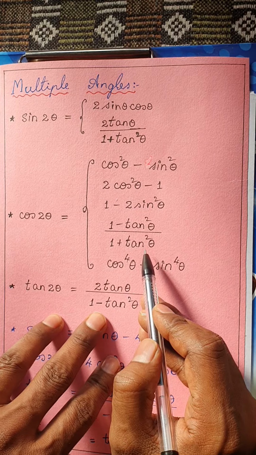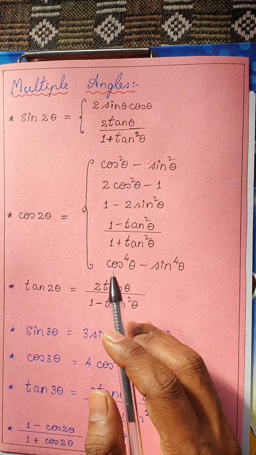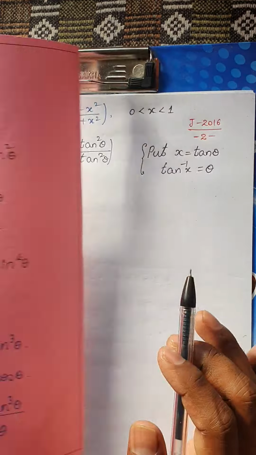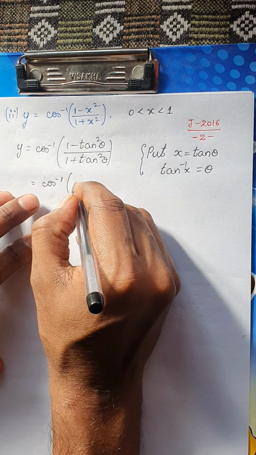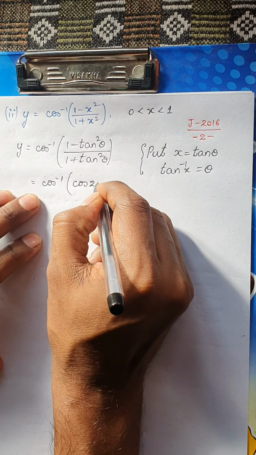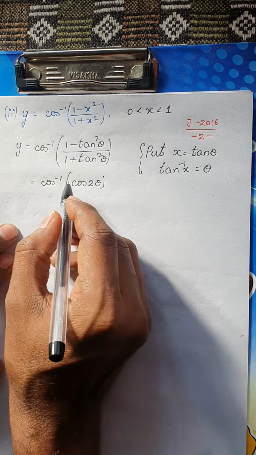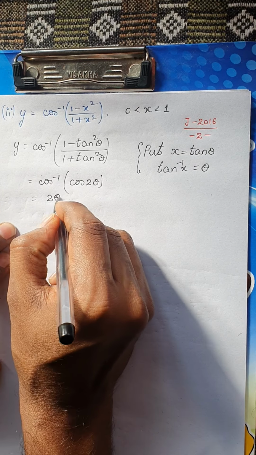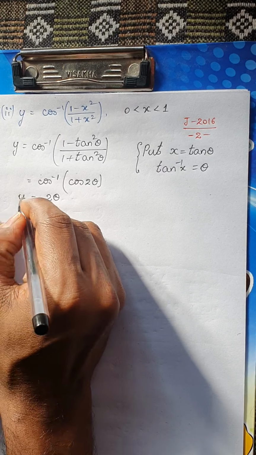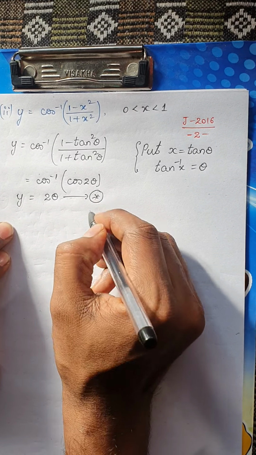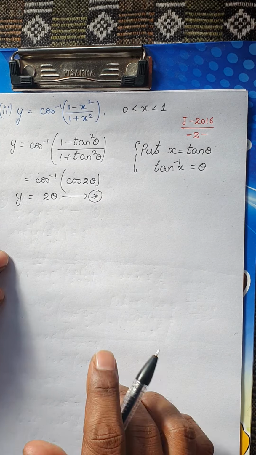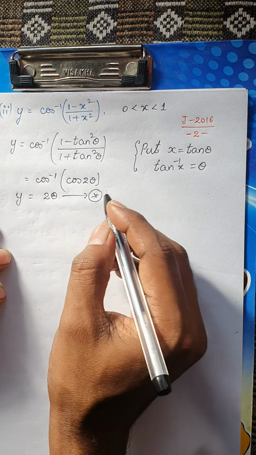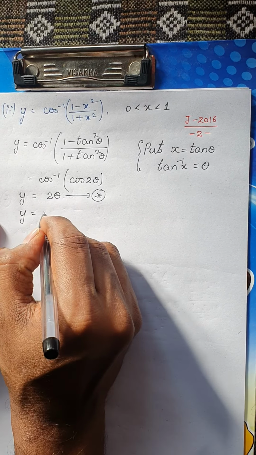It can be written as cos 2 theta, isn't it? So substituting here, I get cos inverse of cos 2 theta. Cos inverse and cos will be nullified, and I will get 2 theta itself. This is my y, which is the required equation in simplified form.